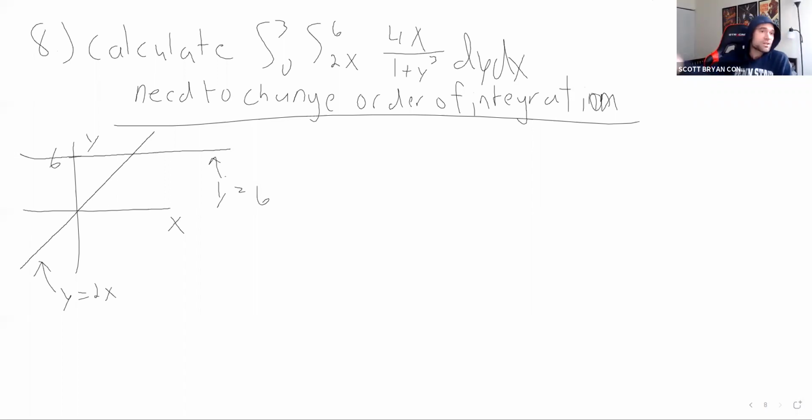And then x goes from x equals 0, which is the y-axis, up to x equals 3, which thankfully, that's this corner right here, because that's the point 3,6. It lies on y equals 2x. So that's our region of integration here. Okay, does everyone see that's our region of integration?